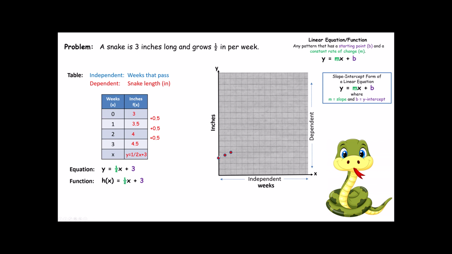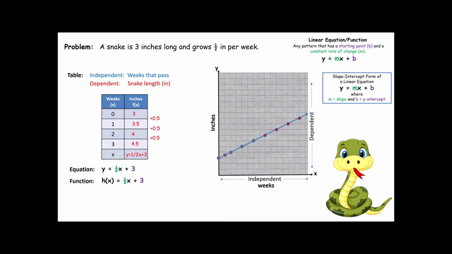So if you don't like going up a half every time, you could use rise and run and rise 1 over 2, rise 1 more over 2, and so on. And you can continue that pattern till you run out of room, and then draw your line through those points. And that's going to show how the snake grows over time.